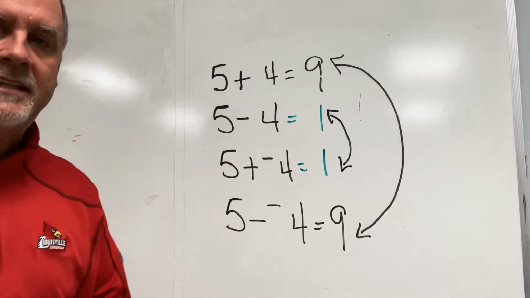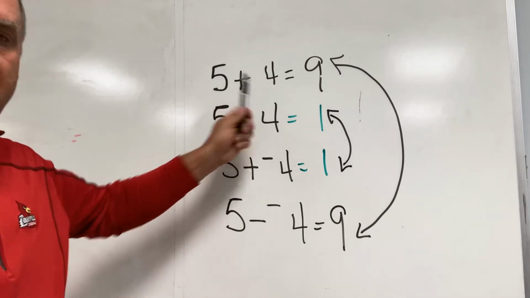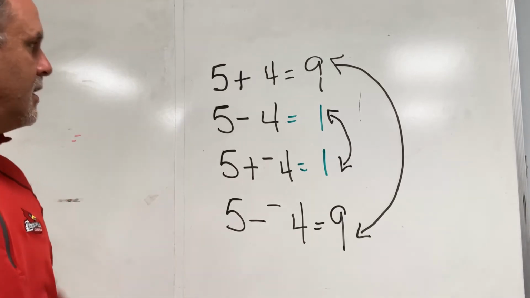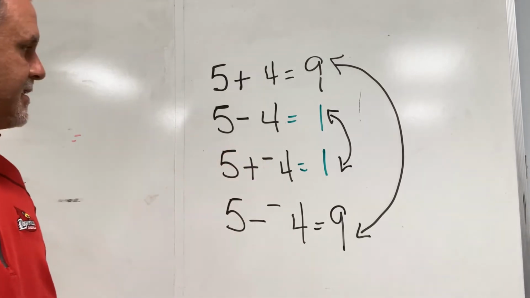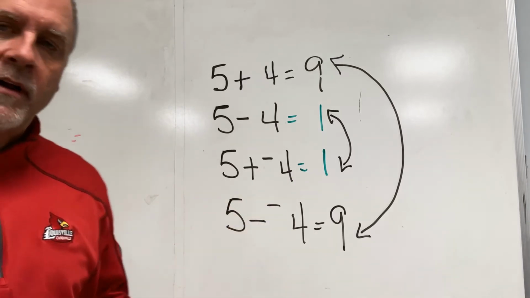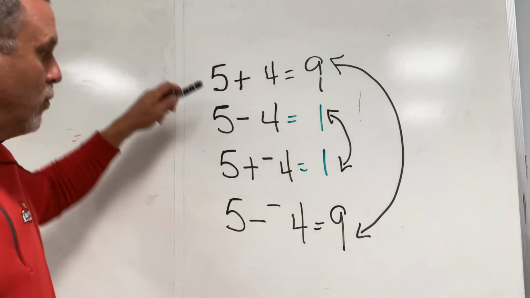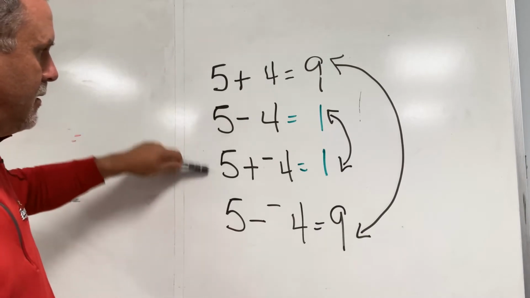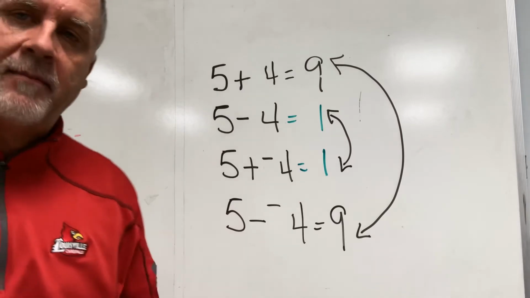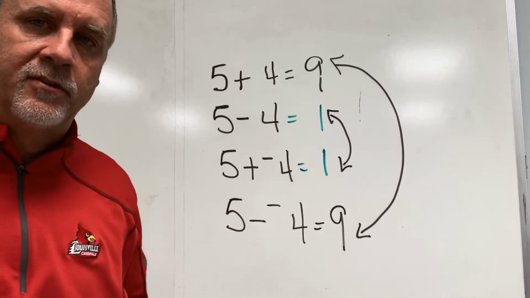So what that means is, adding a positive is the same as subtracting a negative. Subtracting a positive is the same as adding a negative. So if we want to always add, or if we want to convert from addition to subtraction, if that makes it easier on us, we're allowed to do that.